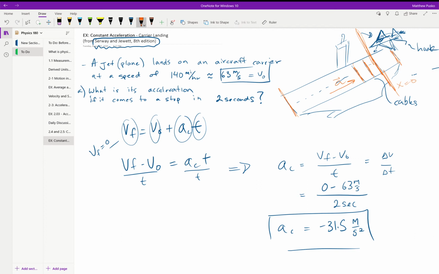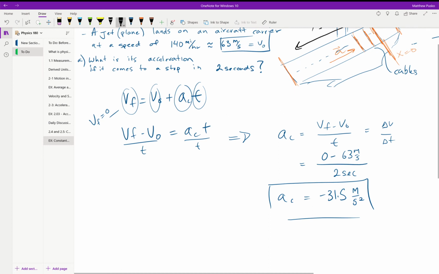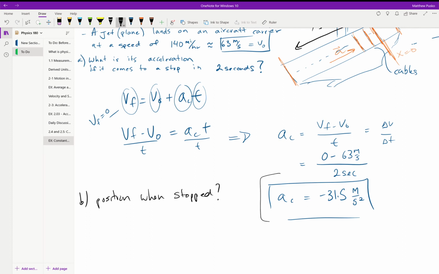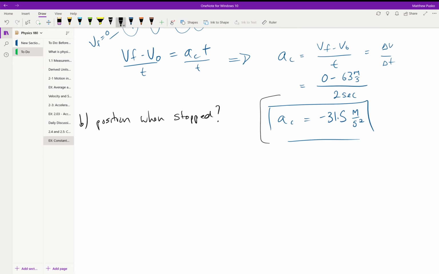So how far does it go from this position? How far, we'll call it x, does it make it? What is its position when it's come to a stop? Well, we'll say position when stopped. That's what we're looking for. We're going to use this acceleration we found. And there's a couple ways to do this.